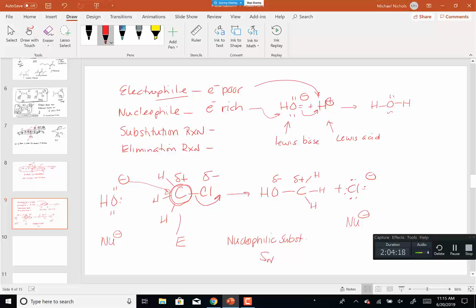When we get into the details on this, we're going to have to talk about explicitly step by step how this process occurs. And there's going to be an SN1 and an SN2. But they're going to be based on the idea that the carbon's electrophilic, the hydroxide in this case is nucleophilic, and this chlorine that left is going to be called the leaving group.